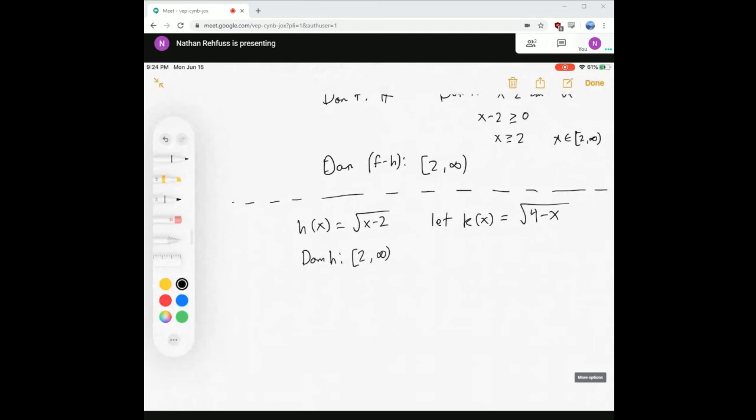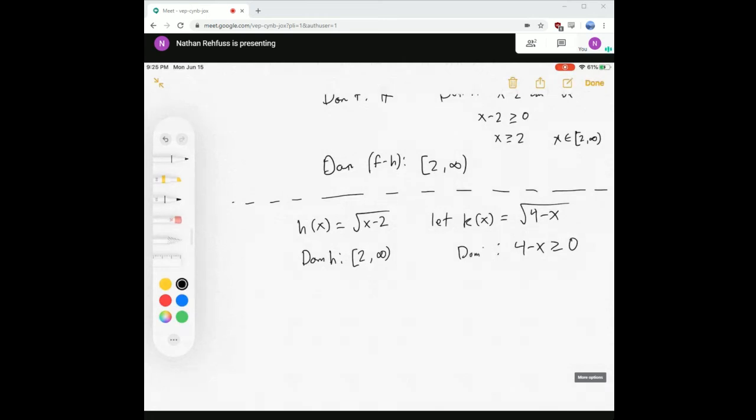Easiest way to find out is to say the number under the square root, 4 minus x, can't be negative. And if it can't be negative, then it has to be either 0 or bigger than 0. So I'll write greater than or equal to 0. That doesn't say dank, it says domain of k. I better practice my penmanship.